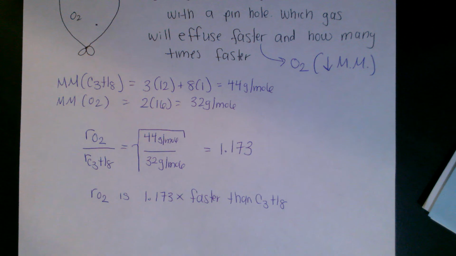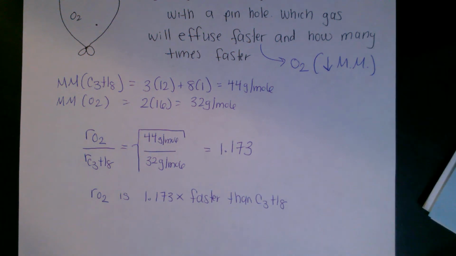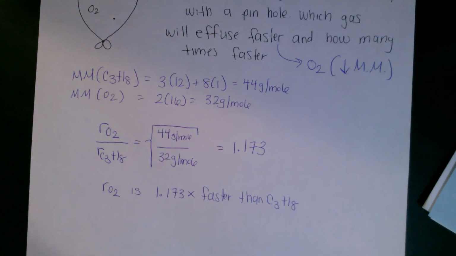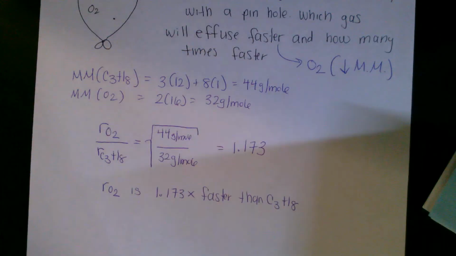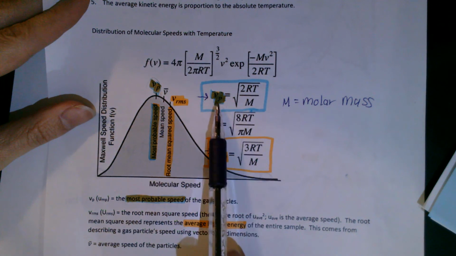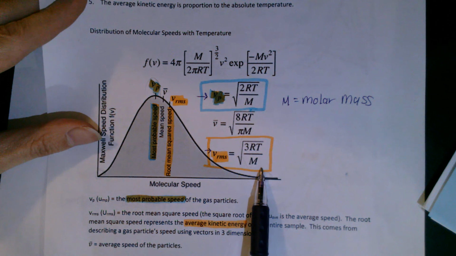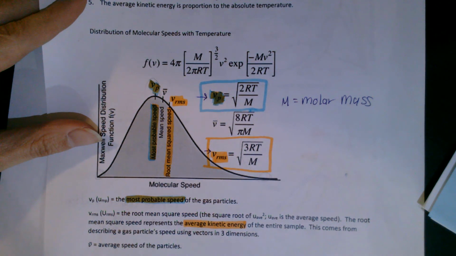Okay, so this is finally it for chapter 10. So again, a recap of what we did with the kinetic molecular theory: knowing your two formulas for calculating the most probable speed, at the top of the peak, and the root mean square speed, which is the kinetic energy speed.